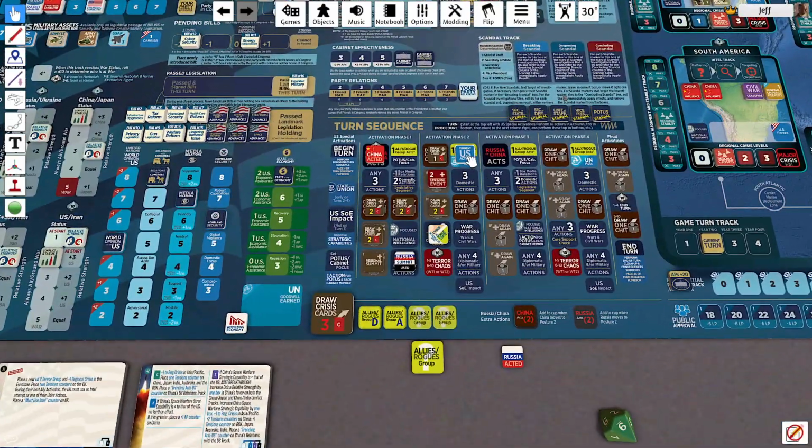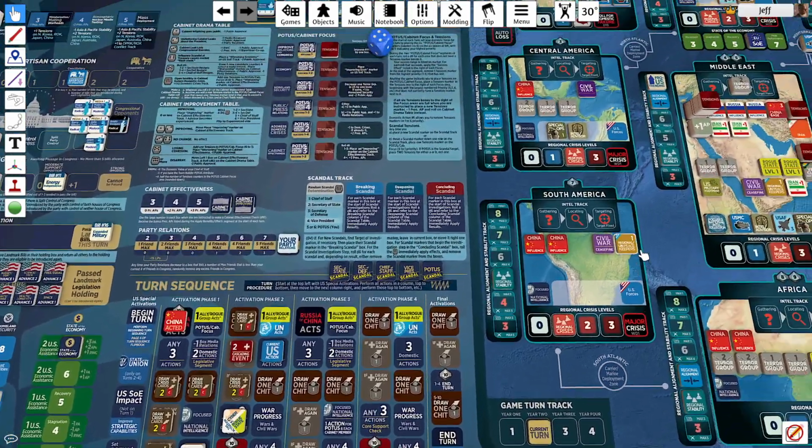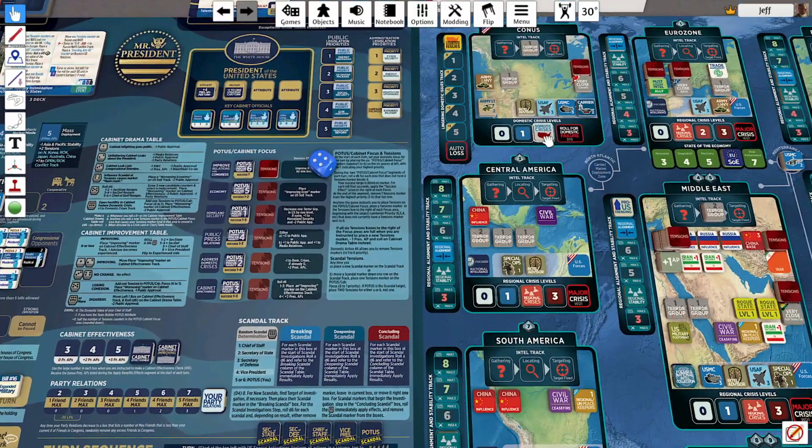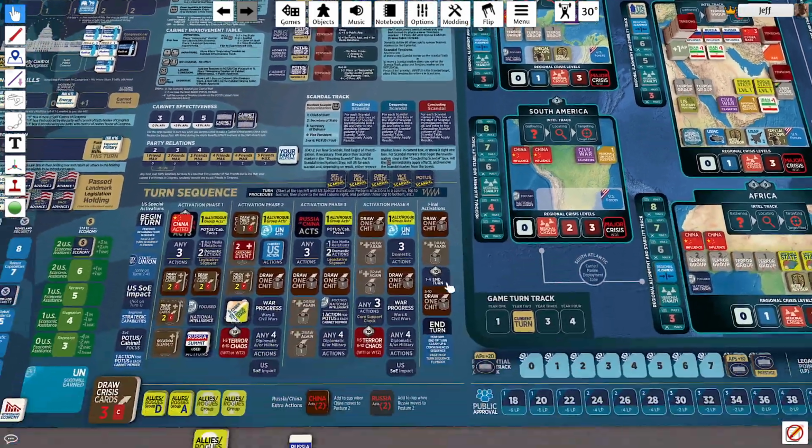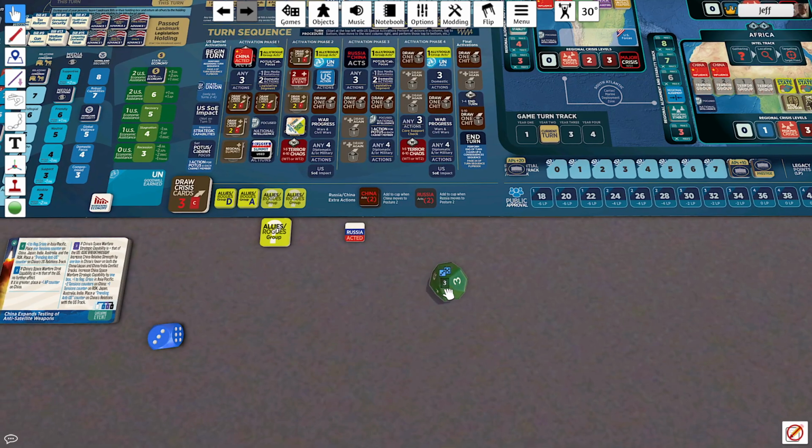So now we get to do 3 domestic actions. Alright, so we have a domestic crisis we should reduce. So let's do that. A 4 I think is good. Let me pull the items.